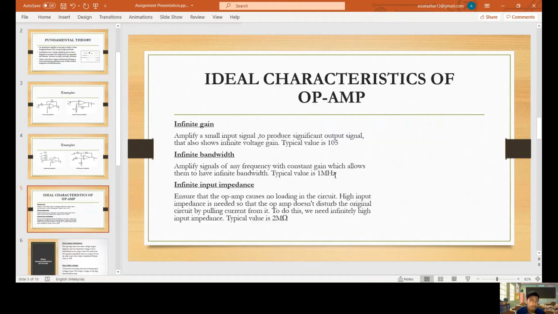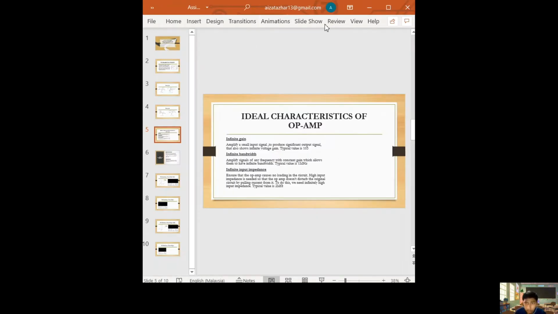Alright, so we move on to the ideal characteristics of the operational amplifier, or op-amp. First is infinite gain. The op-amp amplifies a small input signal to produce a significant output signal, which shows infinite voltage gain.